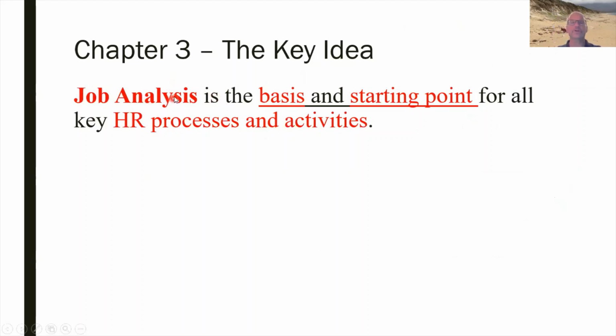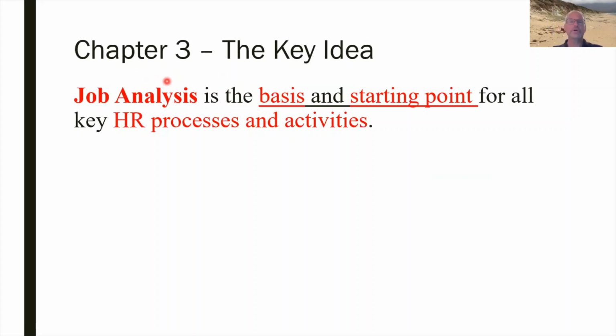So what's the work that needs to be done at Tim Hortons? Well, obviously the customers need to be served, the staff needs to be hired, the staff needs to be trained, what else? The lettuce needs to be bought, the eggs need to be cooked, et cetera. So job analysis is just taking a look at all the work that needs to be done.